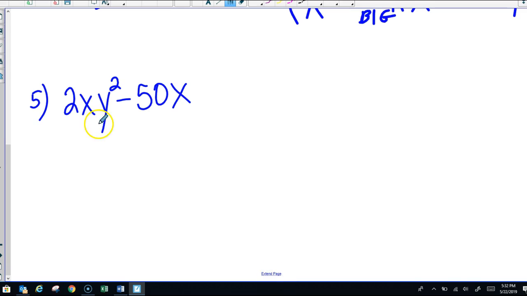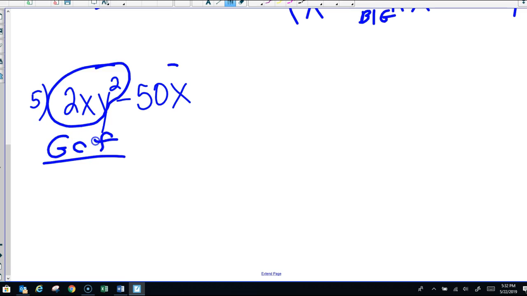Now right here, this is another one where we want the greatest common factor. Again, I'm letting that minus sign split it up. So a 2 and a 50. 2 is common to those. x and x.